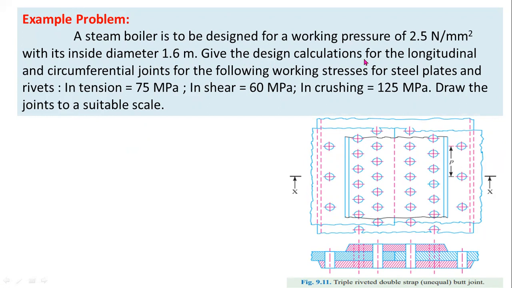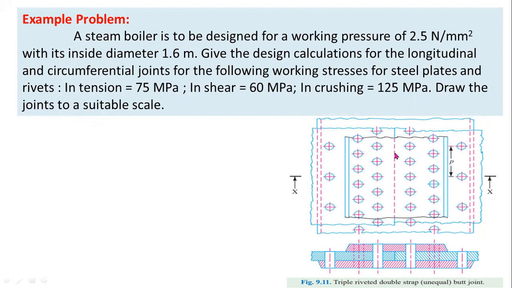Give the design calculations for the longitudinal and circumferential joints for the following working stresses for steel plates and rivets: in tension 75 megapascal, in shear 60 megapascal, in crushing 125 megapascal. Draw the joints to a suitable scale.